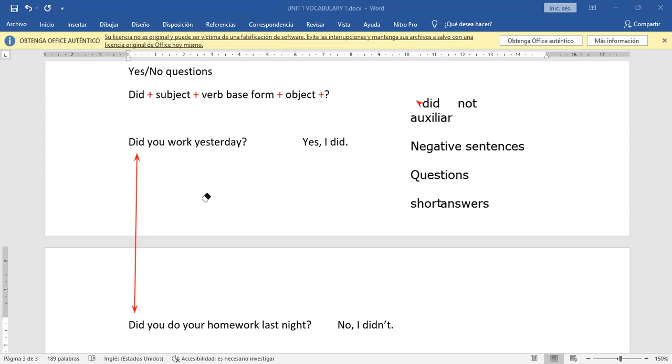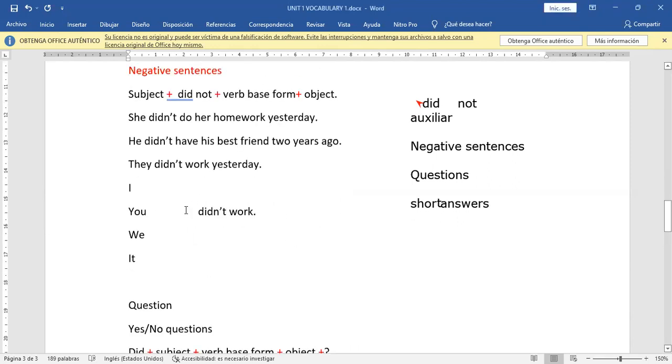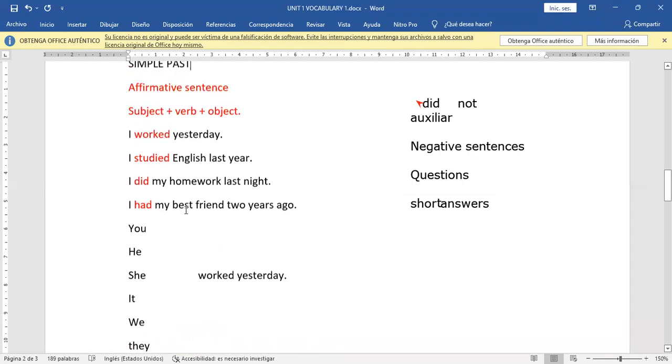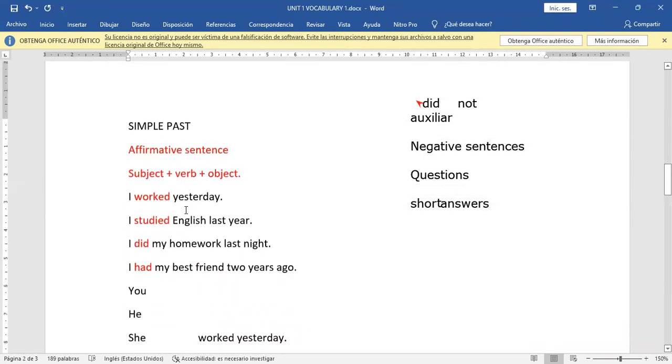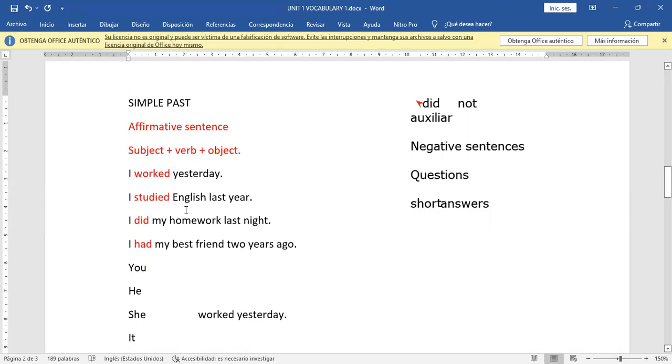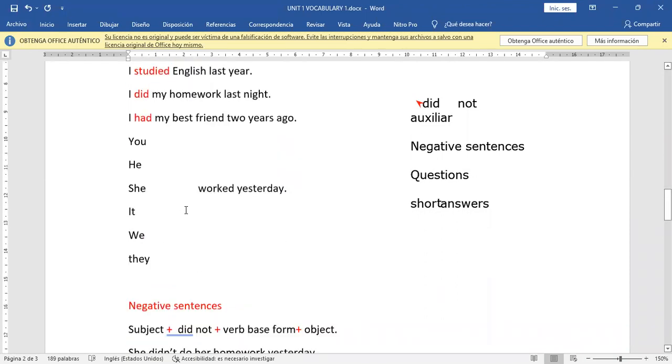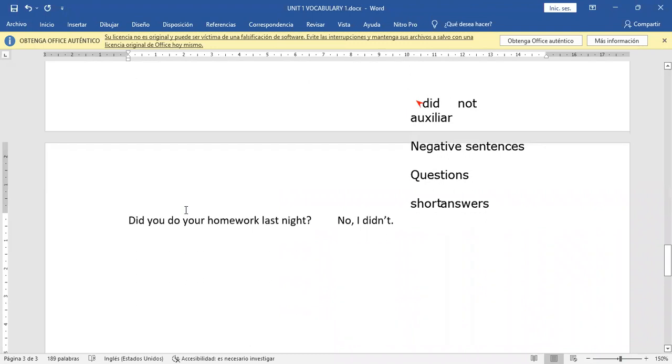Now, this is a yes/no question with simple past. We are talking about simple past. What about present perfect? Now, for present perfect, what do we need?